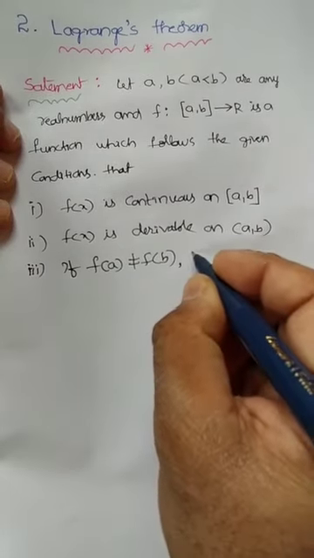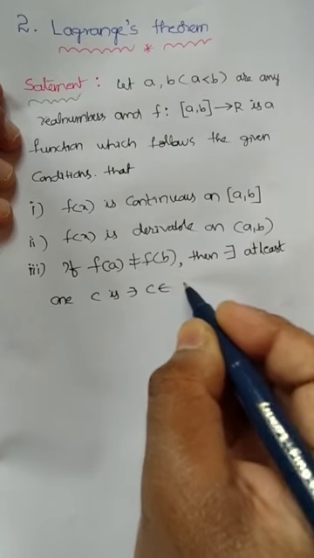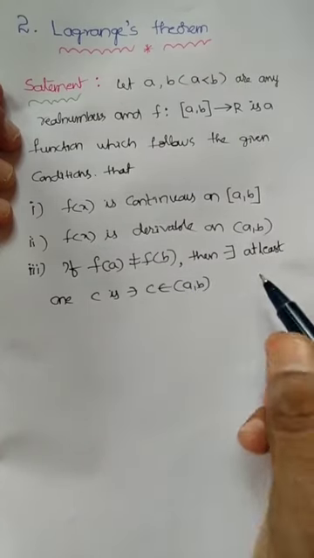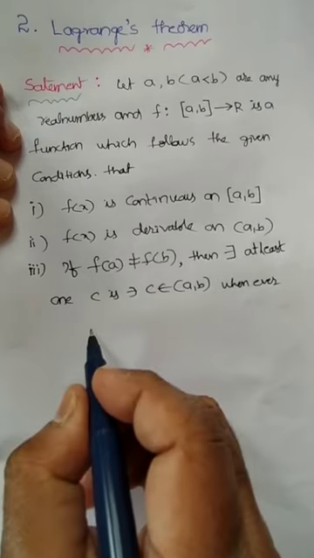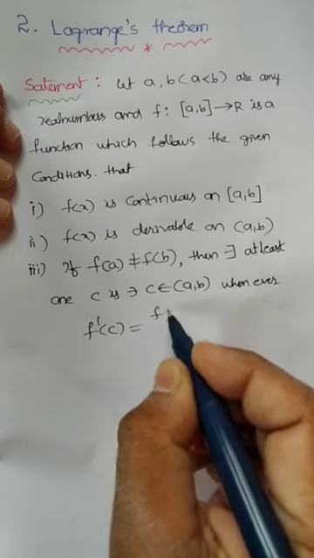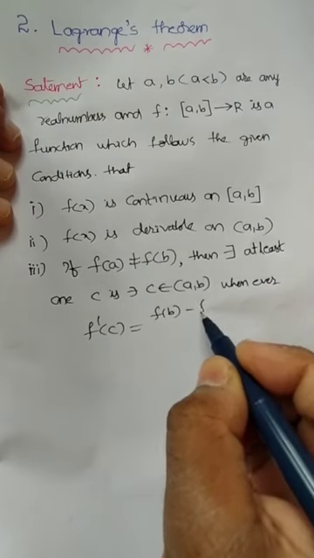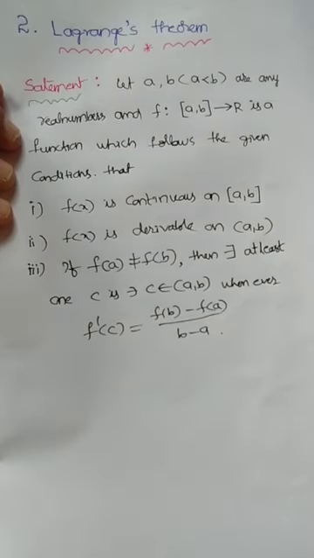Then there exists at least one c such that c belongs to the open interval a comma b, whenever f dash of c is equal to f of b minus f of a by b minus a. This is our Lagrange's theorem.